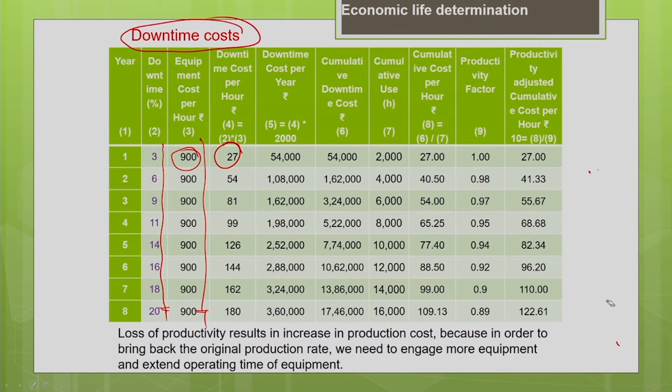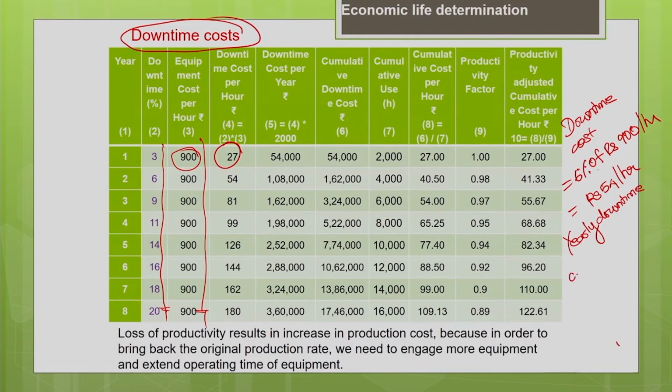The second year, the downtime percentage is 6%. So downtime cost is 6% of your equipment cost. Equipment cost is 900 rupees per hour. So 6 by 100 into 900 is rupees 54 per hour. So yearly downtime cost equal to 54 multiplied by 2000.